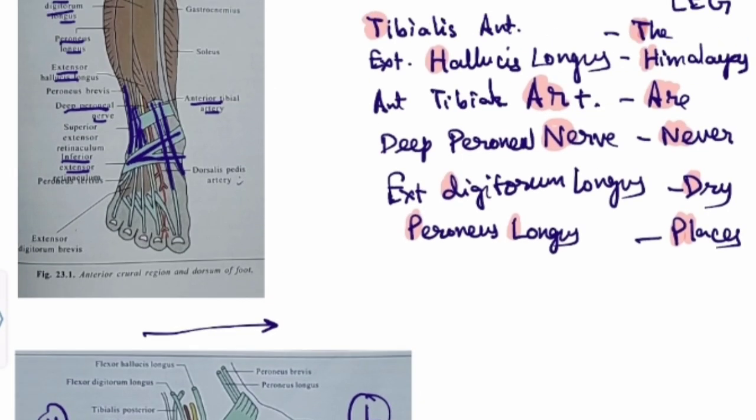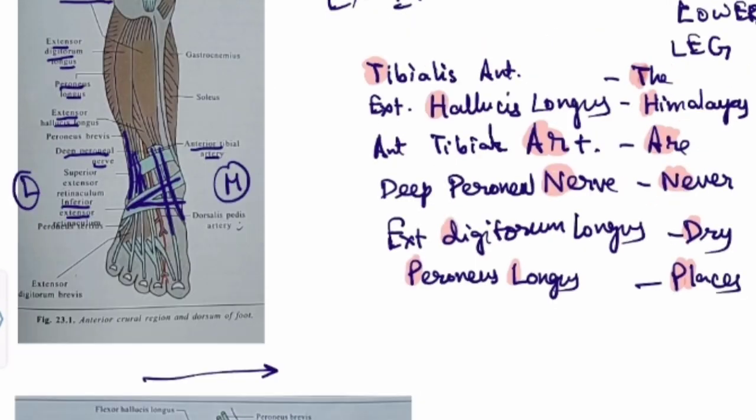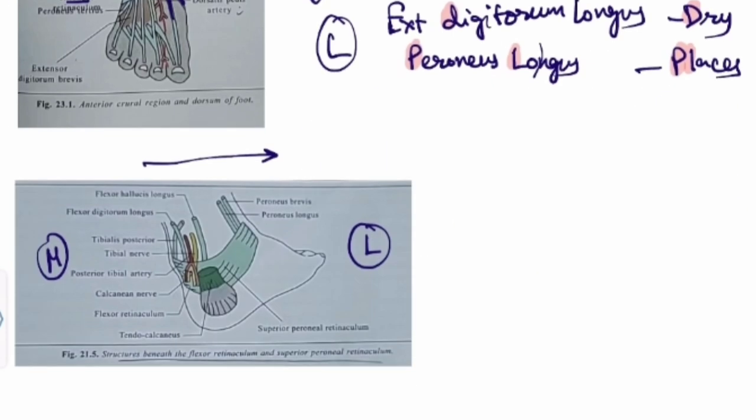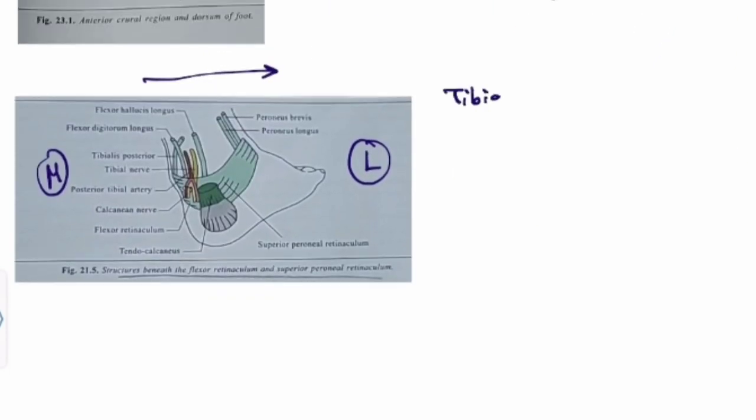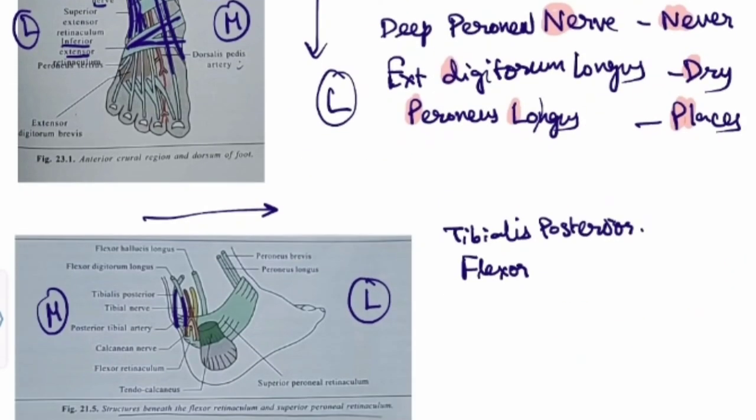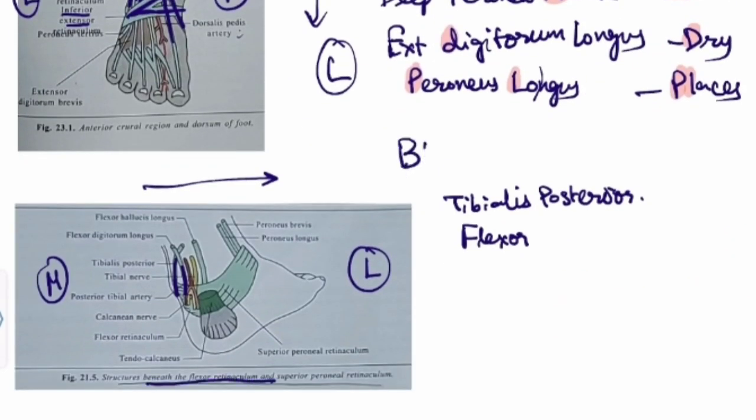So when I go from medial to lateral, let's show you here also. This is the medial side, this is the lateral side. Here also we went from medial to lateral. Here also we are going medial to lateral. What do we find here? Right, we find the tibialis posterior first. And then we find the flexor digitorum longus, though it's crossing over, just beneath the flexor retinaculum. So beneath the flexor retinaculum.